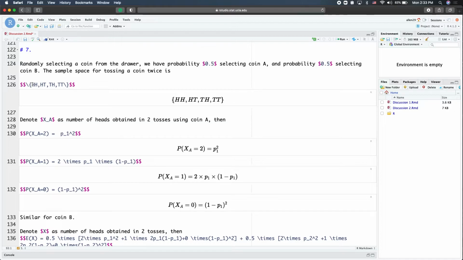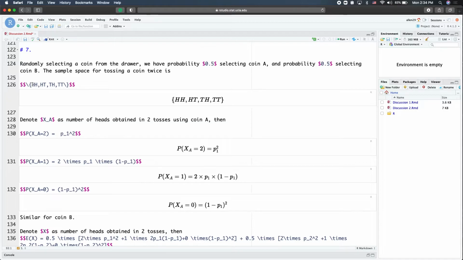So select 1 coin and toss twice. The probability of getting 2 heads, X subscript A equal to 2, is P1 squared.